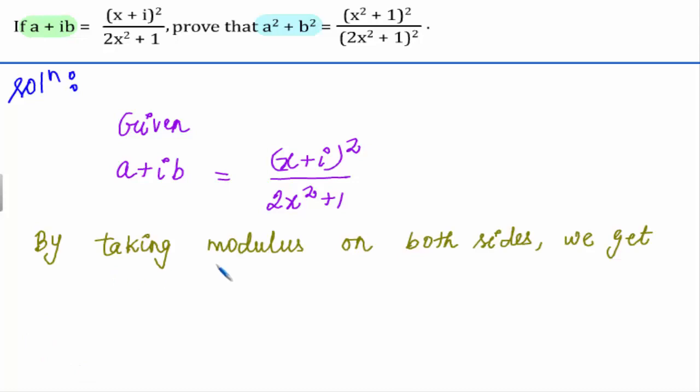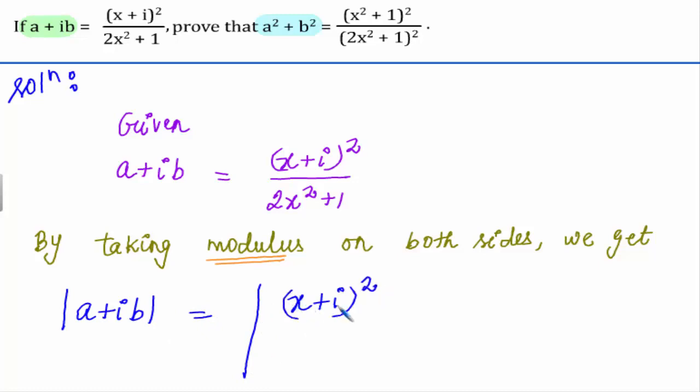Next, by taking modulus on both sides, we get modulus of a plus ib is equal to modulus of (x plus i) whole square divided by (2x square plus 1).